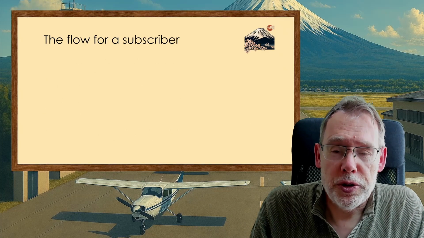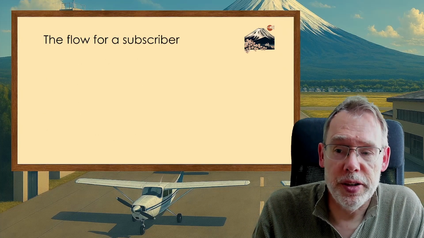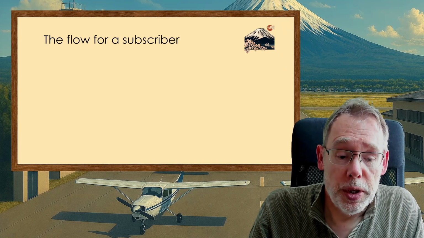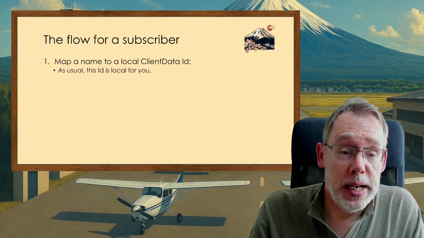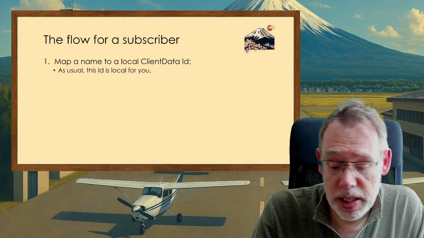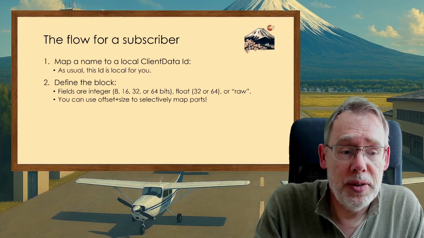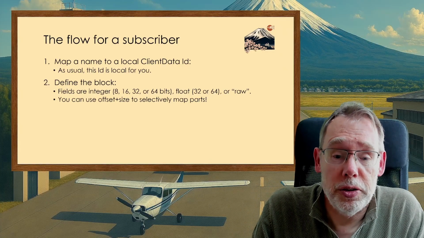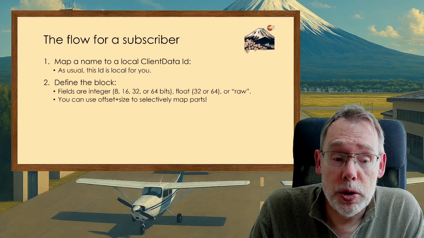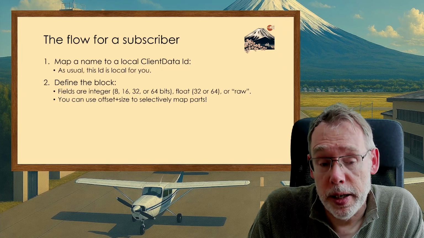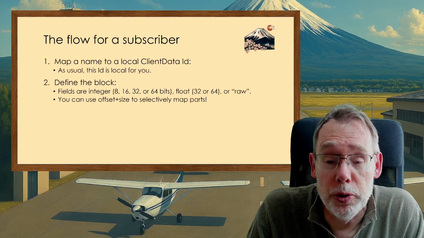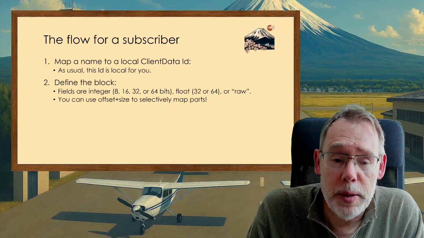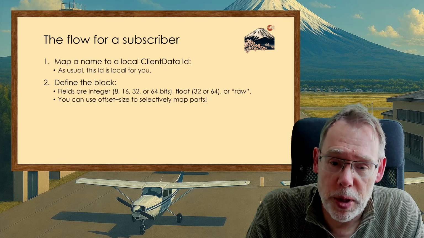Okay, so on the subscriber side, we now have some very interesting things. It starts out the same, actually, by mapping a name to a local client data ID. But when you define the block, again, you use those fields, integers, but you can also use offset and then the size, if you're using raw or one of those numeric types, to selectively map parts of what is published.